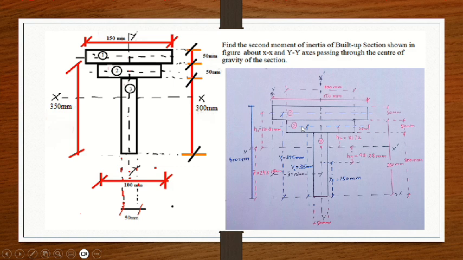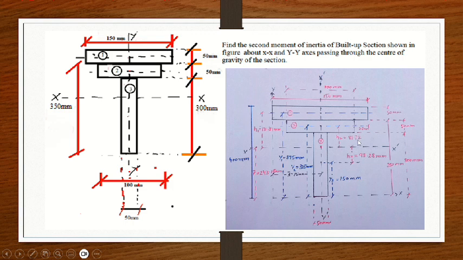And what is the distance h2? The distance from the centroidal axis to the figure 2 local axis, the vertical distance, is called h2, that distance.